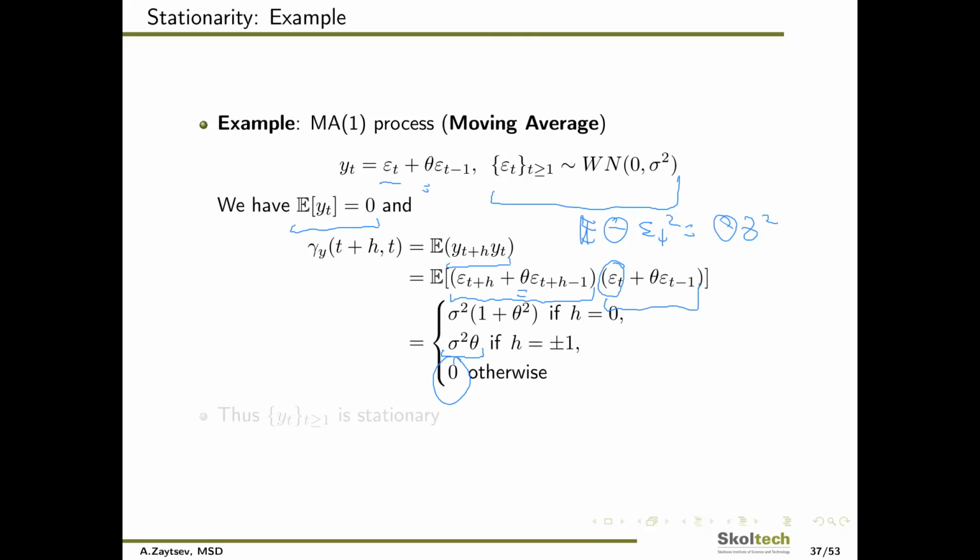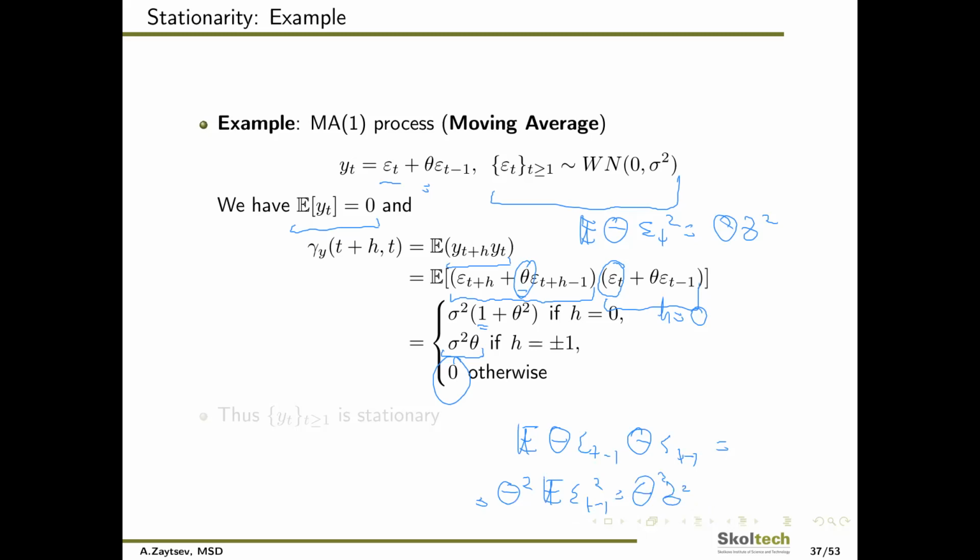Also, we have a similar case if h equals 0. In this case, both terms work. One term has coefficient 1, so we have this part, and the other has two thetas. So we have the expectation of theta epsilon t minus 1 times epsilon t minus 1 times theta, and we have theta squared times epsilon t minus 1 squared, so it's theta squared sigma squared.